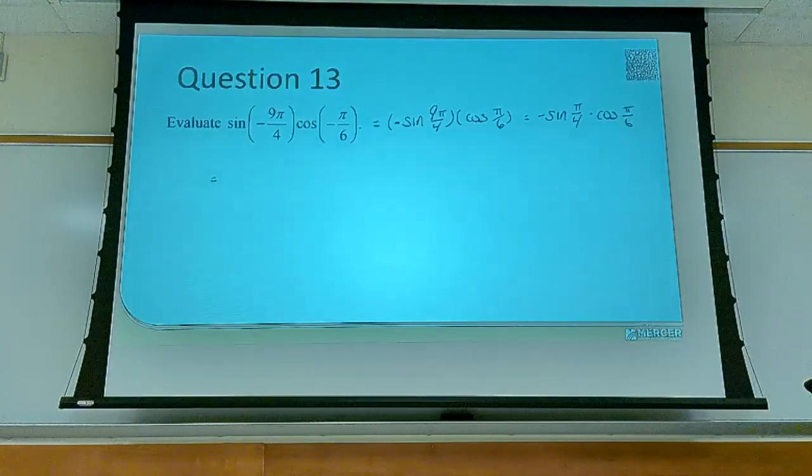So I know sine pi over 4 is root 2 over 2. Cosine pi over 6 is root 3 over 2. And just do the product. Negative root 6 over 4. And that's what I would do in my head. That's my thought process.